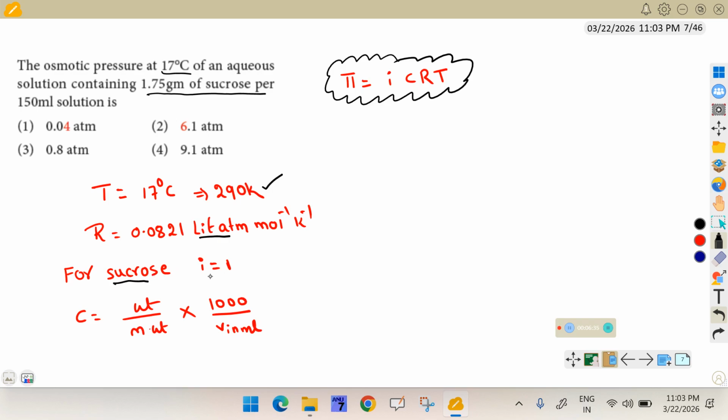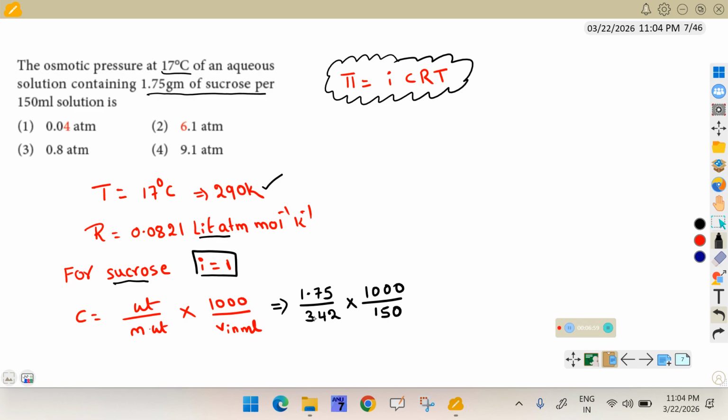Sucrose dissociation is not possible, so i value is equal to 1. Concentration is expressed in terms of molarity, so molarity is weight by molecular weight into 1000 by V in ml. Given weight is 1.75, divided by molecular weight of sucrose 342, into 1000 by 150.